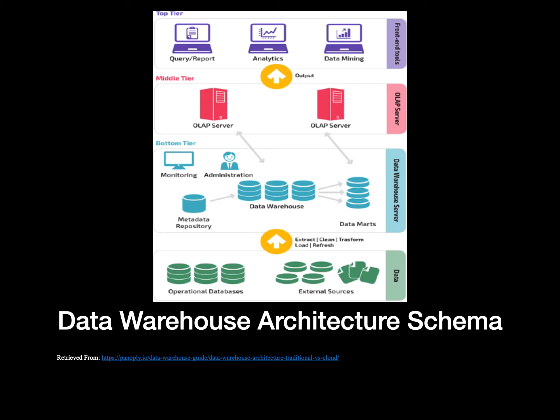Then they're going to go into a data warehouse server, which is monitored by the admin. Then the middle tier is going to have our OLAP servers. Top tier is the reporting, analytics, and data mining, which is one of the most important parts of data management.